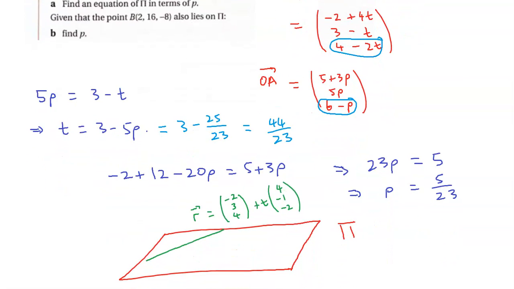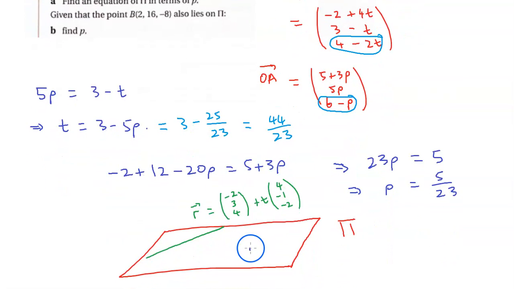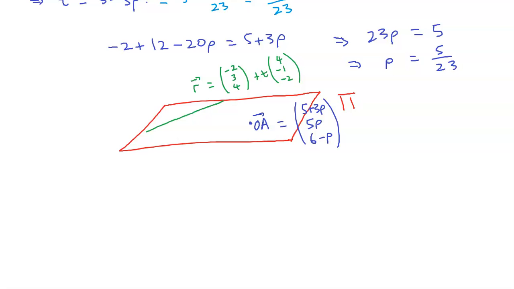And then we got our point A over here, with the vector OA equal to (5 + 3p, 5p, 6 - p), and our origin O. And then we got 2 points on this line.